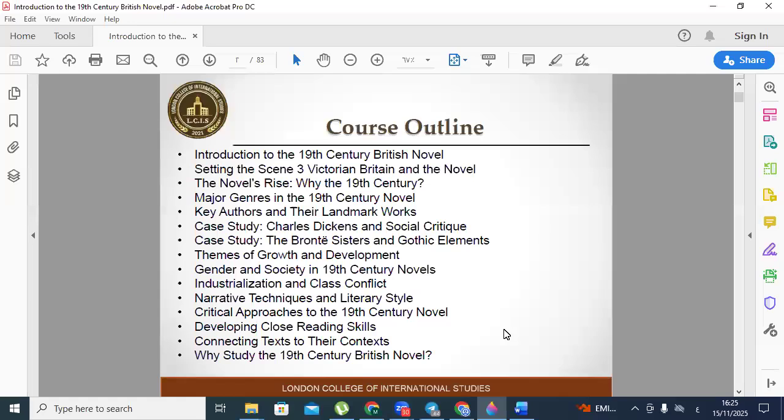Gender and society in 19th century novels. Industrialization and class conflict. Narrative techniques and literary style. Critical approaches to the 19th century novel. Developing close reading skills. Connecting texts to their contexts. Why study the 19th century British novel?